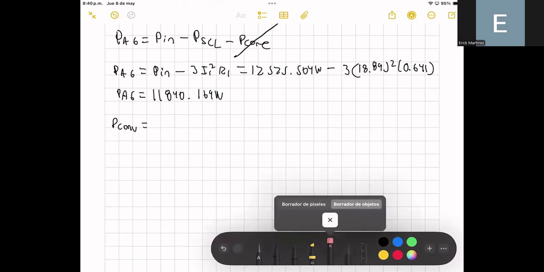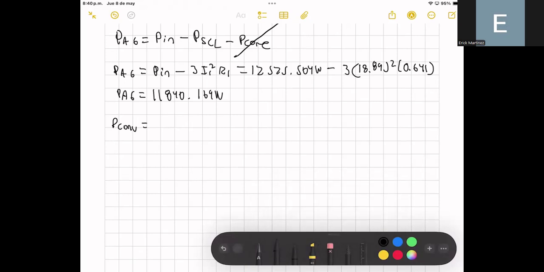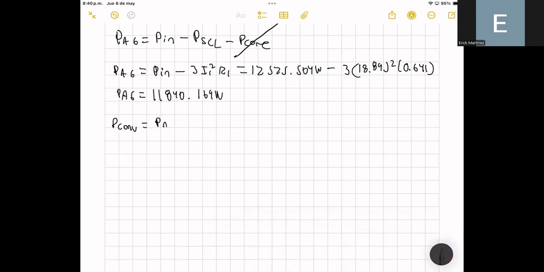Remember that we have the following relationship, that the converted power is equal to the air gap power times 1 minus S. And this is equal to 11,579.685 watts. Okay, so this is the converted power.